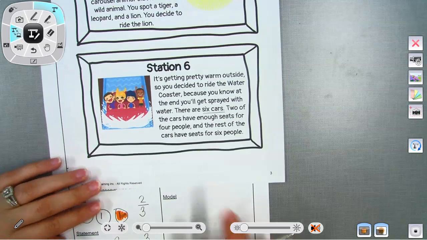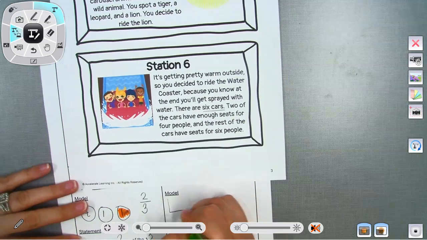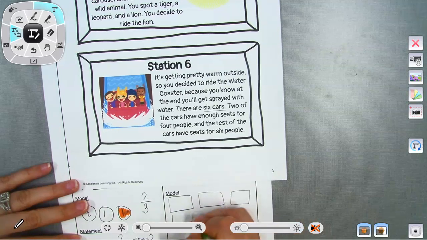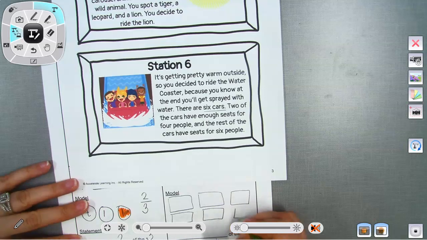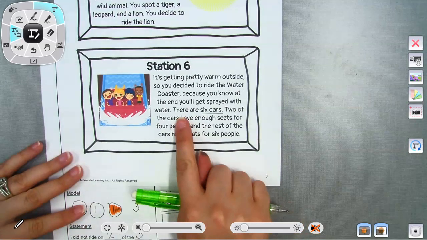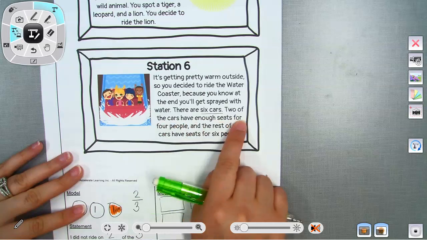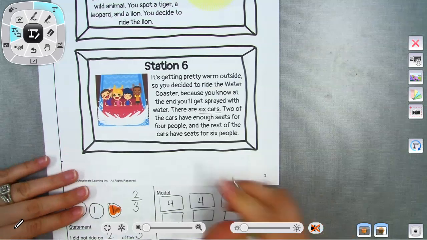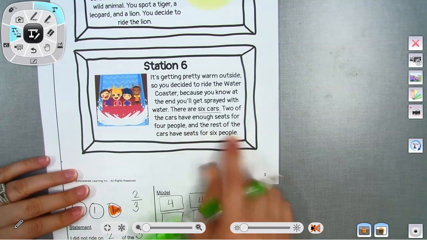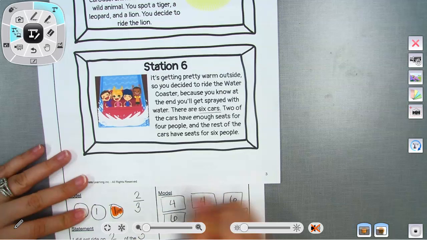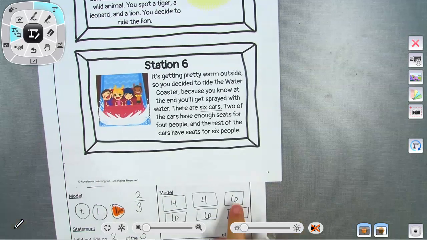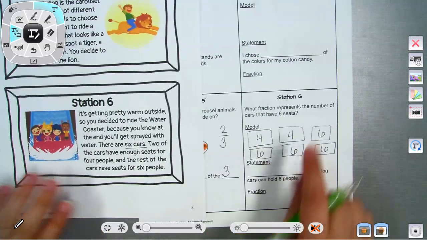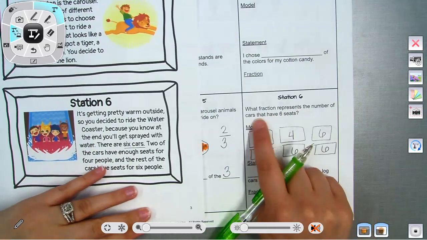So there are 6 cars. So 1, 2, 3, 4, 5, 6. Okay, so 2 of the cars have enough seats for 4 people. So I'm going to put 4 and 4 because there's 4 seats. The rest of the cars have seats for 6 people. 6, 6, 6, and 6. So these have 6 seats. So, what fraction represents the number of cars that have 6 seats?